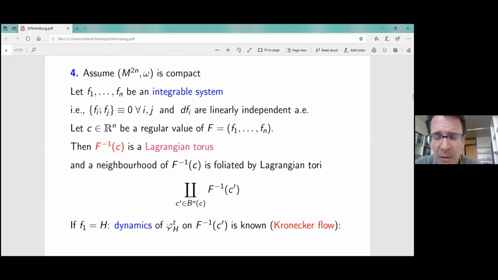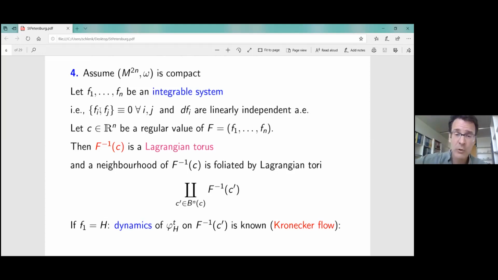This strange bracket means Poisson bracket. And well, of course, you can write things in coordinates like in school, but you can also say it means that the symplectic form of the two Hamiltonian vector fields given by F_i and F_j is everywhere 0. Well, you also want probably to have some assumption that the gradients are almost everywhere linearly independent.